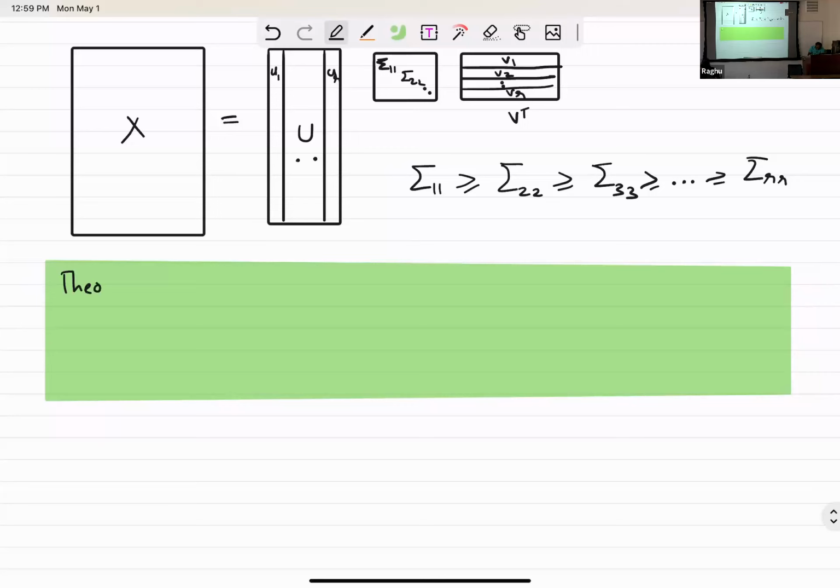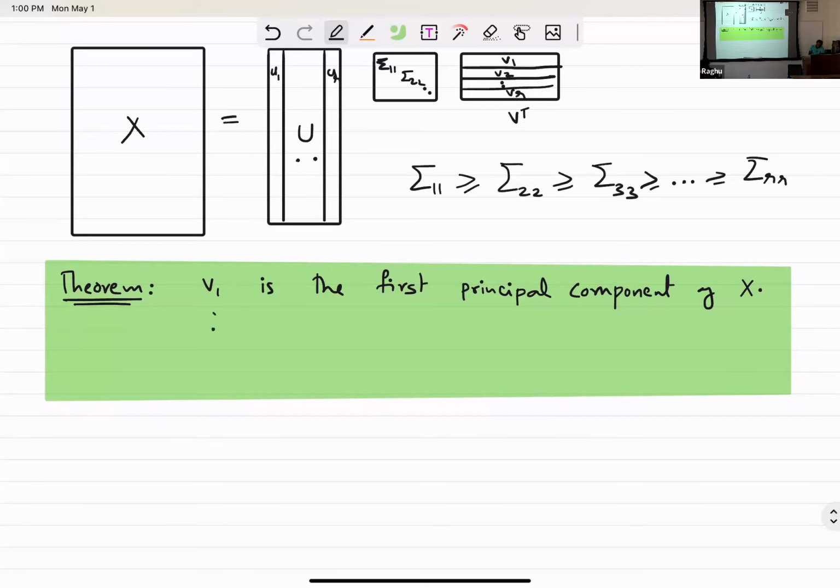The first miracle is that V1 is the first principal component of X, and more generally, Vi is the ith principal component of the matrix X. You had a matrix, you found a factorization of the form U sigma V transpose, and you ordered the entries so that sigma is in decreasing order.